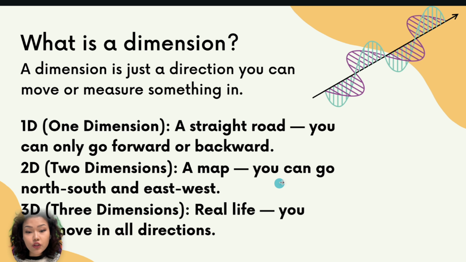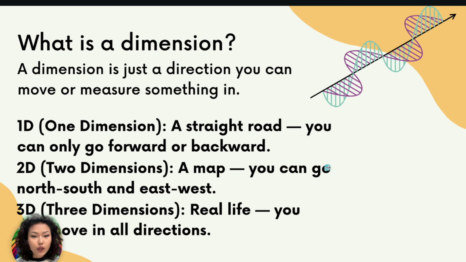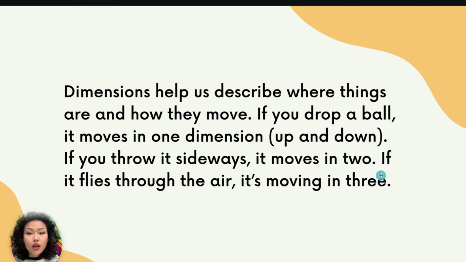Then the three-dimensional system is real-life movement. If the ball flies through the air, it's moving in three dimensions, right? How do you imagine this process? For example, we take three people. The first is standing here, the second there, and the third there.